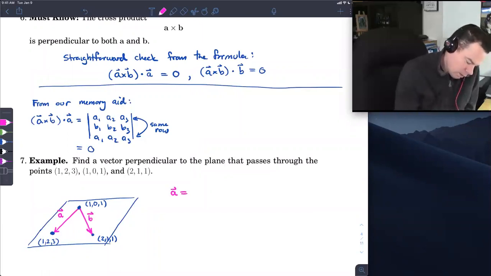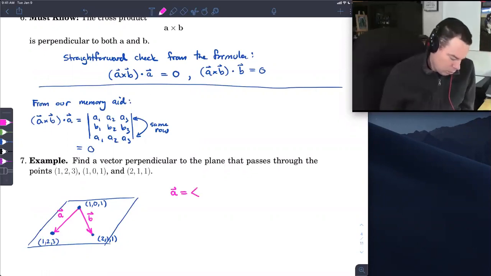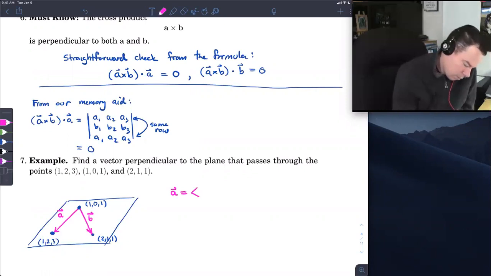So A is going to be the vector given by the tip 1, 2, 3 minus the tail 1, 0, 1. And so that's our vector 0, 2, 2.